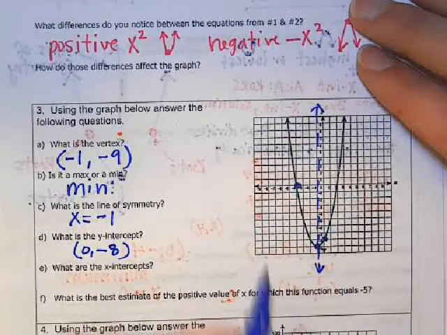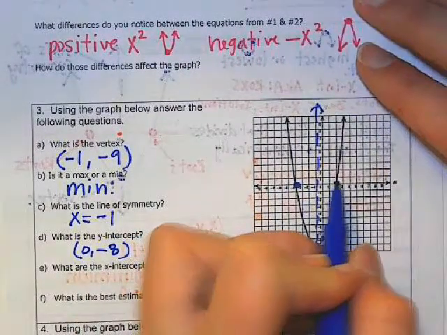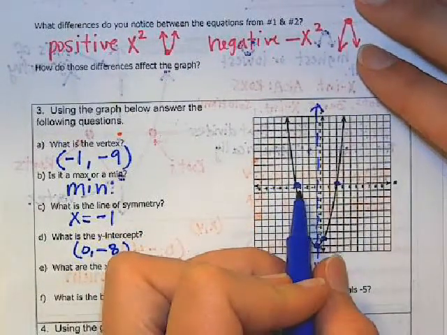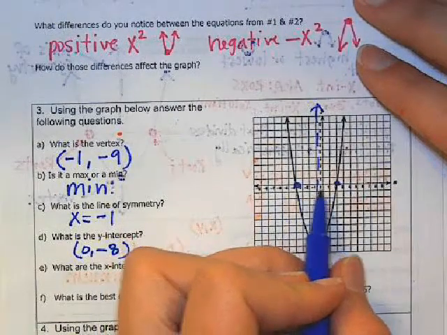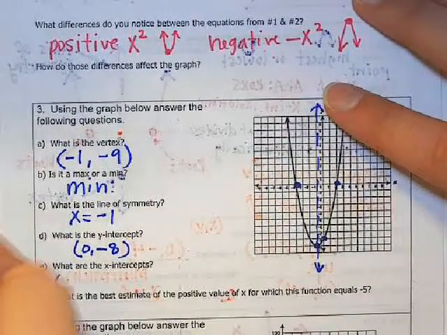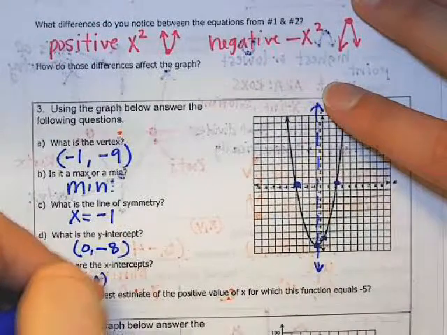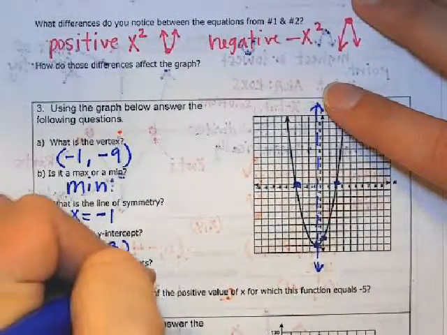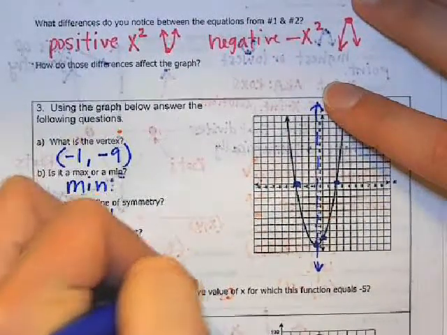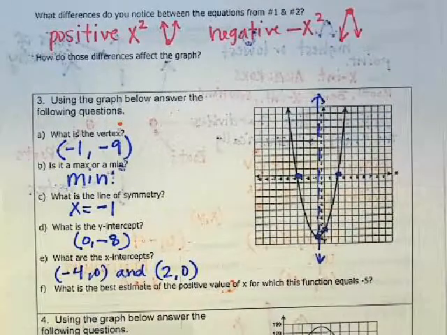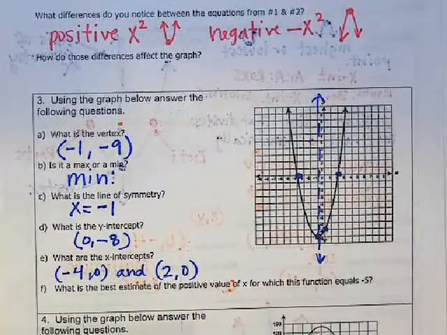Okay, my x-intercepts are -4 and +2. So -4, 0 and +2, 0. So all this kind of stuff should be reviewed. Your x and your y-intercepts.